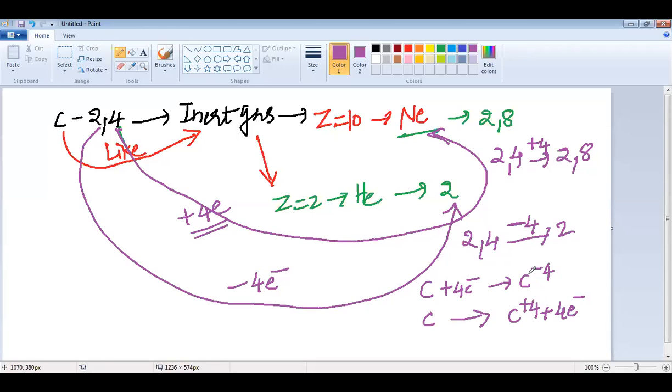If you want to make the ions from carbon, my dear students, please remember well, these two are the ions.